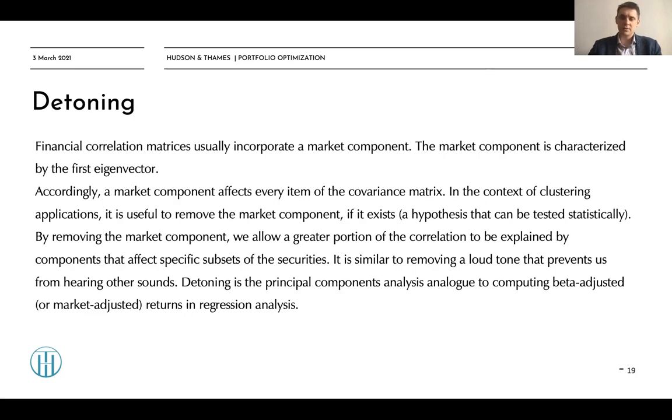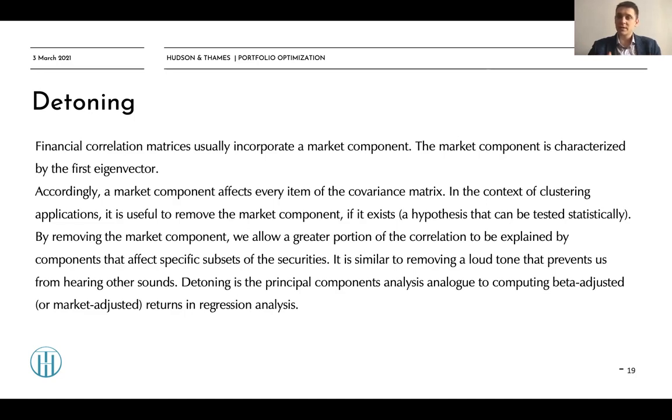When we want to cluster our assets, we don't need the market component included in the covariance matrix because there is no need for that. Because we all know that the market, of course, has a big impact on all our asset prices, we can just take away this information because it is redundant to our clustering and may reduce the clustering efficiency.